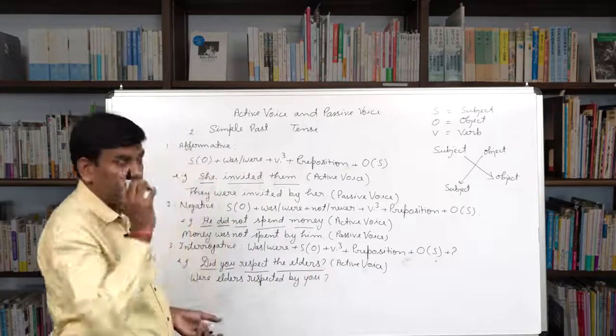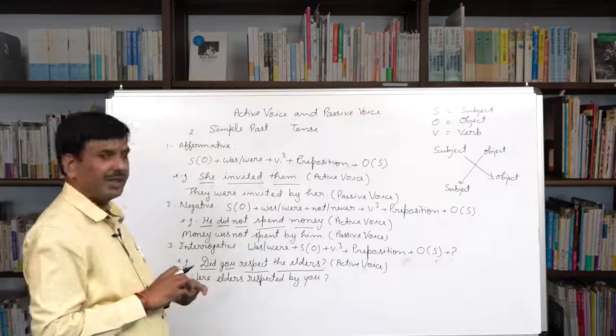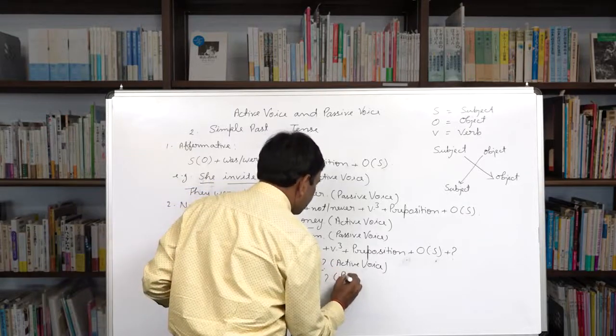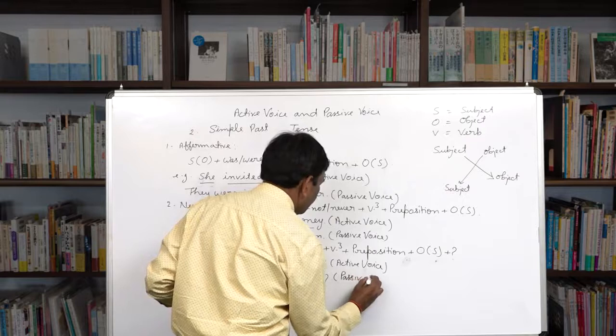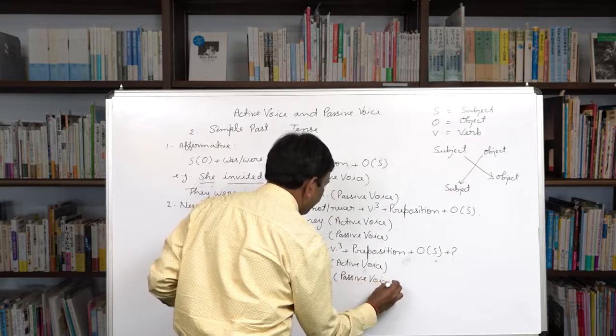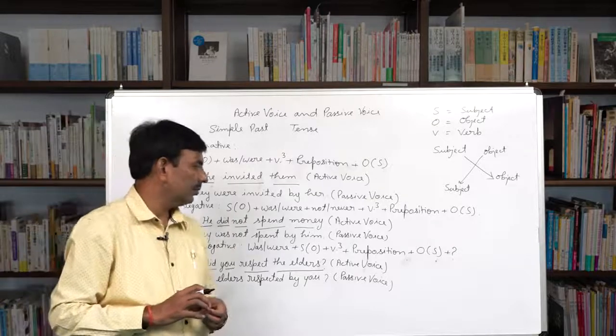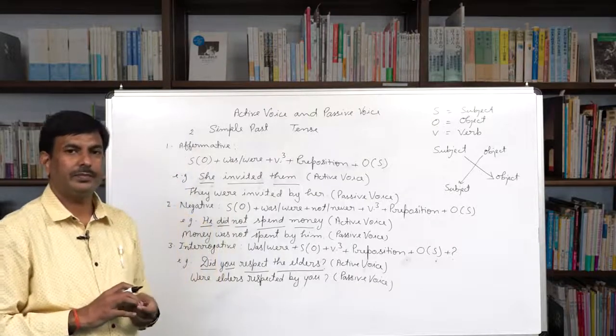You is also an object, and this also works as a subject. And this sentence is of passive voice. Dear students, have you got it?